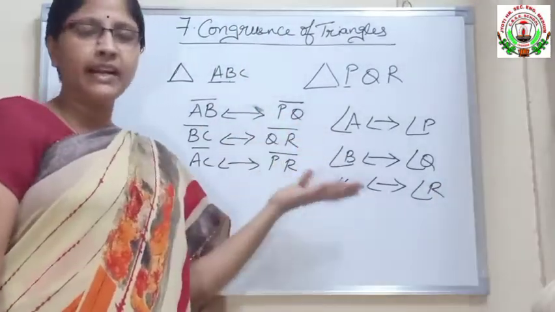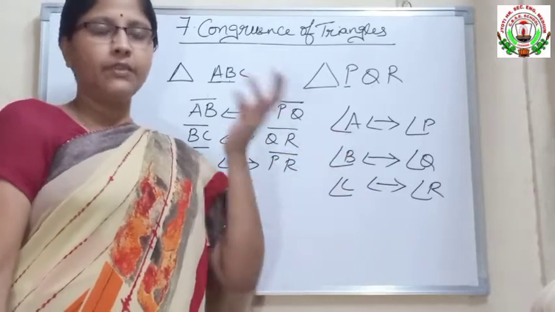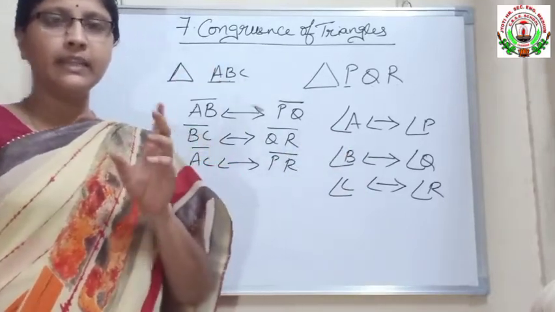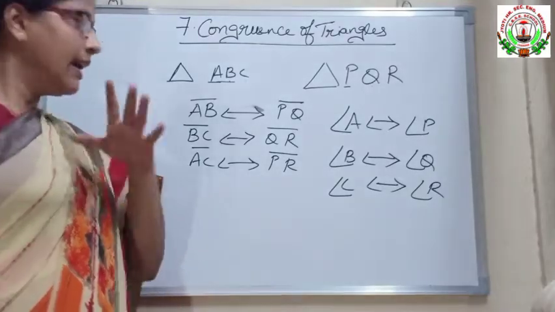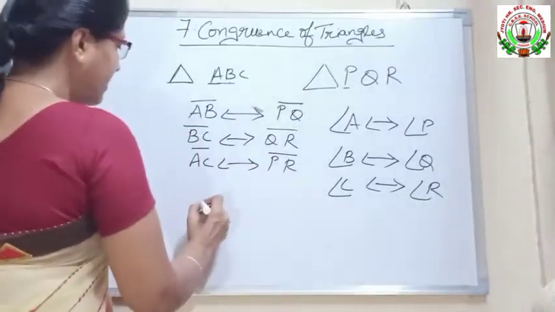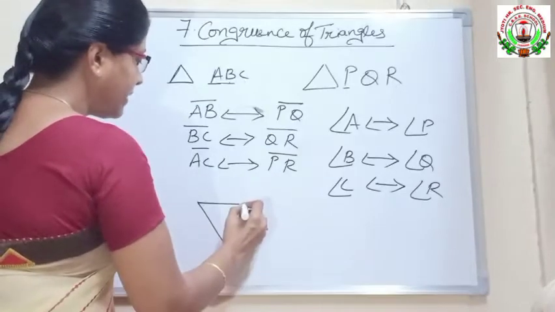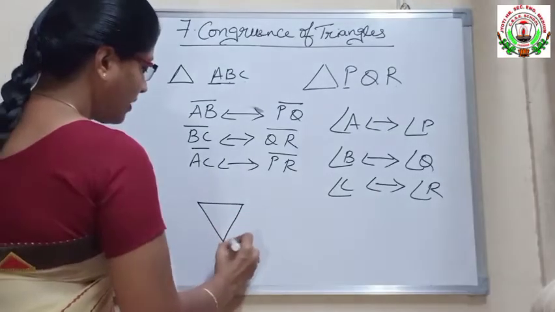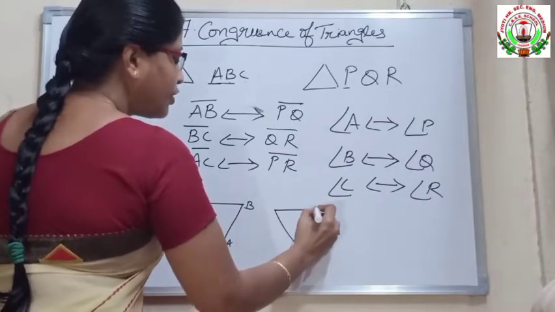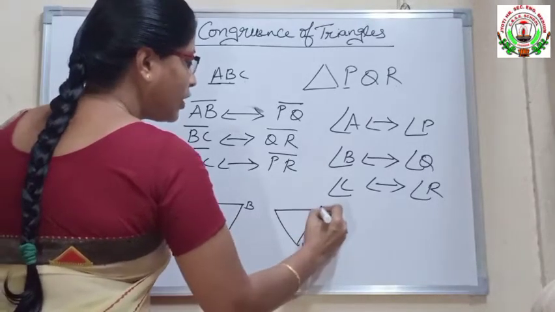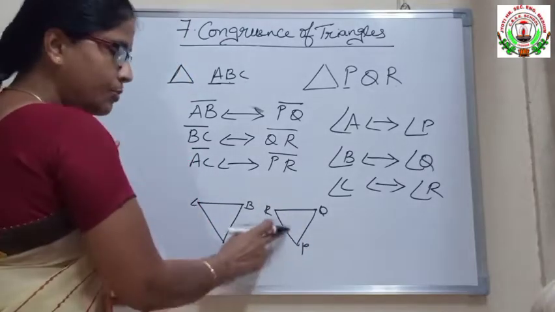You should understand this very nicely while seeing the congruence of two triangles. If I draw the example, if I draw the triangle ABC here, the next triangle PQR, it is not the rule that it should be like this only.